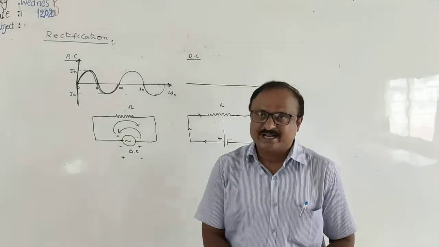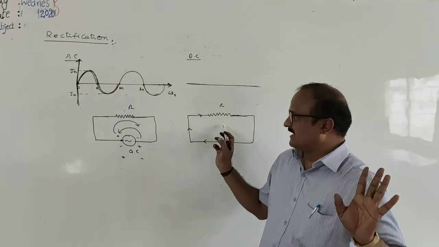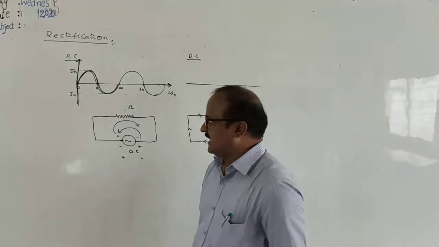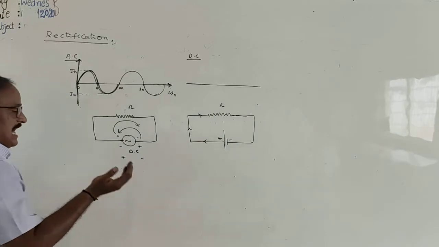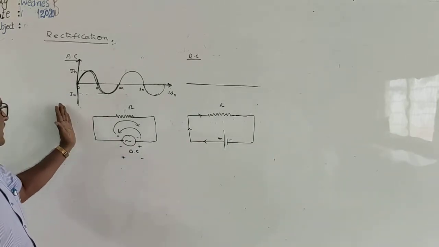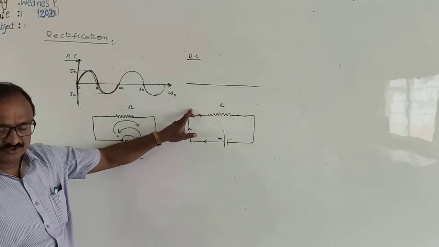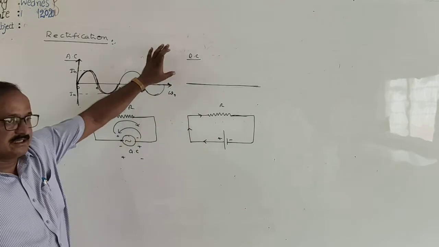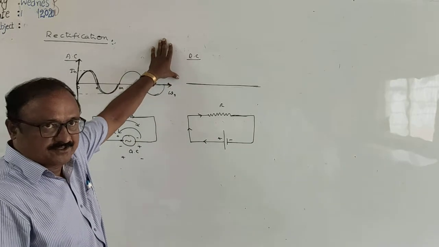So here, my dear students, direct current is widely used compared with alternating current. That's why our aim is to convert AC into DC. Suppose to charge the cell phone, we are using some adapters.